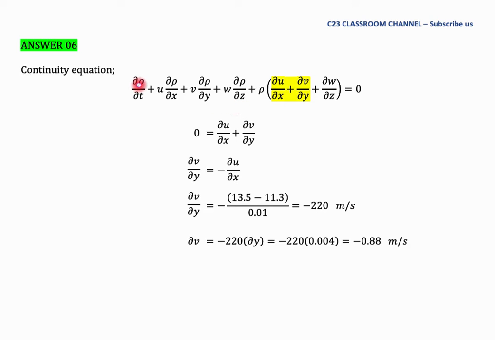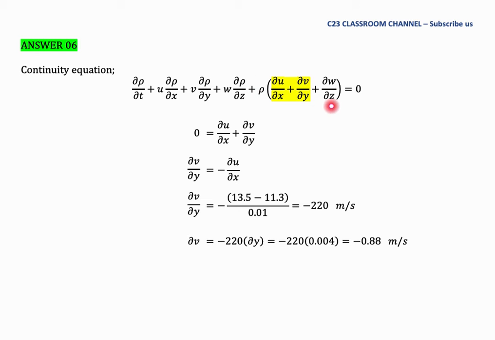The density is constant, so we could neglect the value of the density here because it is not changing with time or in the x, y, or z direction, and the value of rho can also be neglected because we can transfer it to the right hand side, so it becomes invisible in this term.